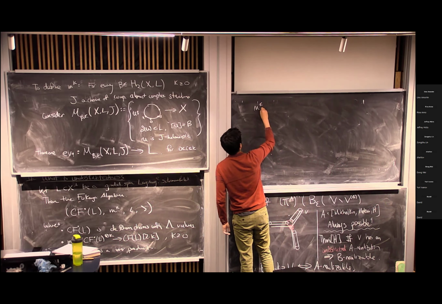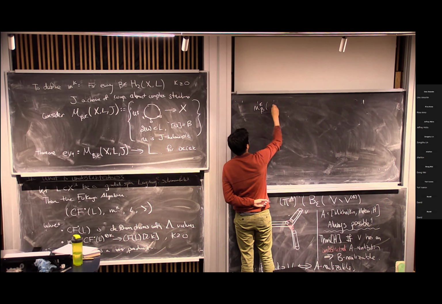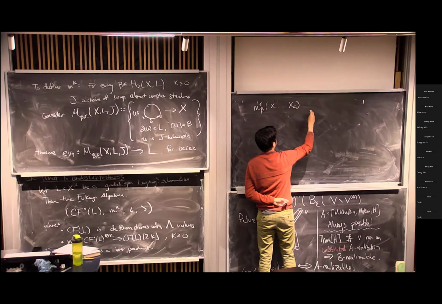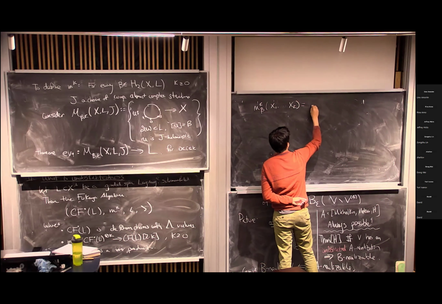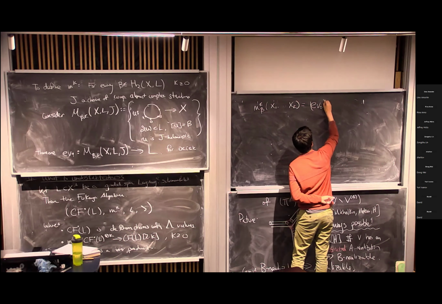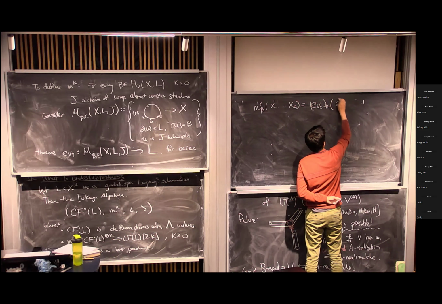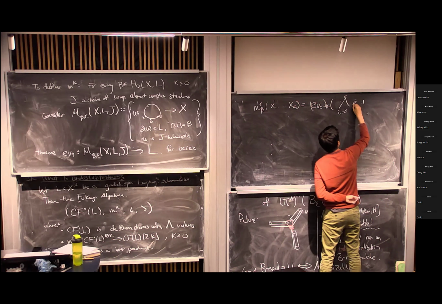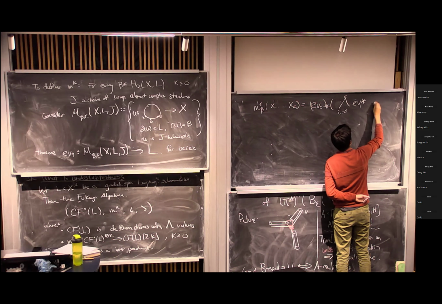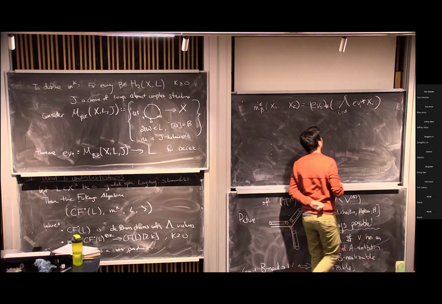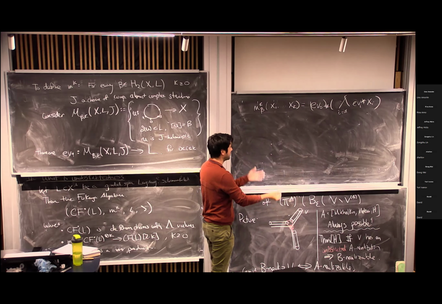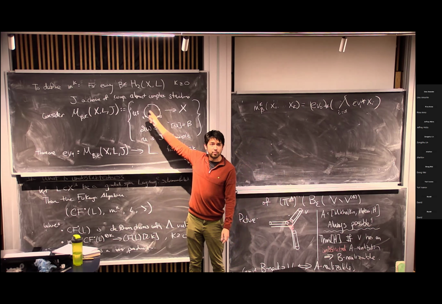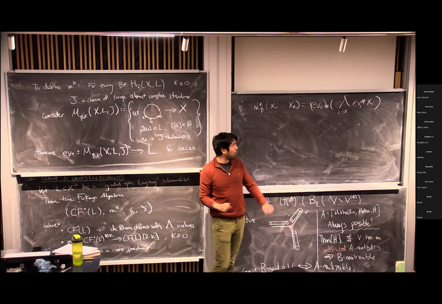So you define m_k^β on chains x1 through xk to be equal to: first I pull back differential forms xi to my moduli space along the marked points, and then I push forward that differential form along the 0th marked point.